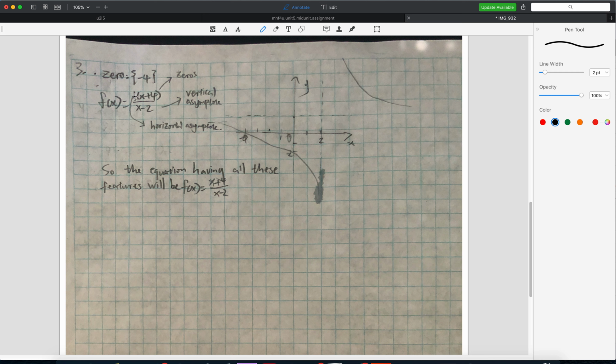And the 1 here, that's the horizontal asymptote. As it is 1, we can just remove the 1. It's 1 by default. So that's our final equation. It's f of x equals x plus 4 over x minus 2.